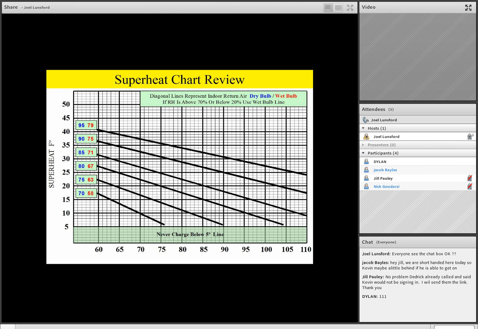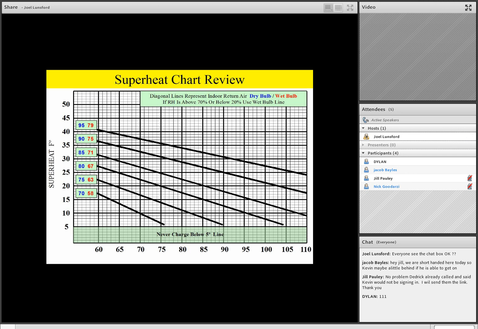Remember that sling psychrometer we talked about to find relative humidity as well as wet bulb temperature. If the relative humidity is above 70% or below 20%, we use those red wet bulb numbers. However, if the relative humidity is between 70 and 20%, for instance 55%, we use the blue dry bulb numbers.